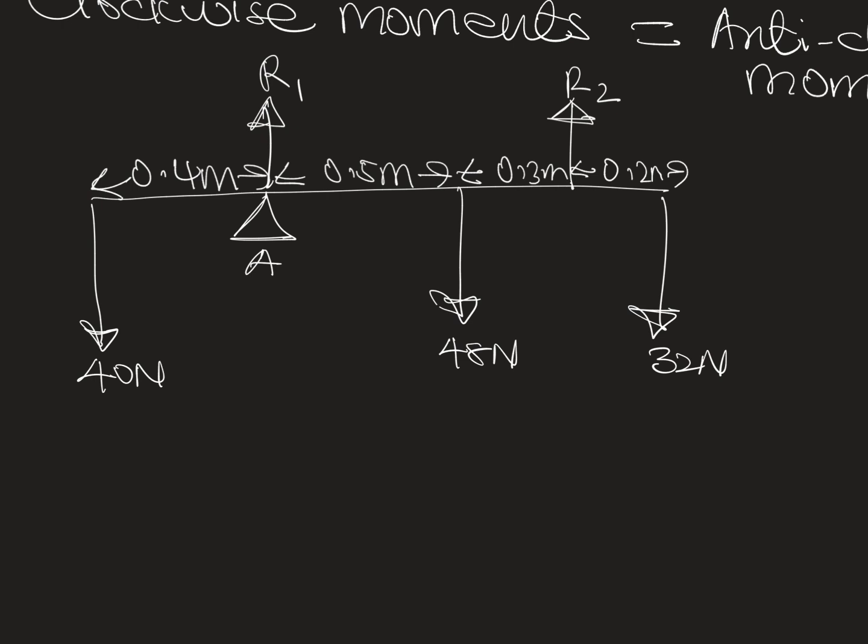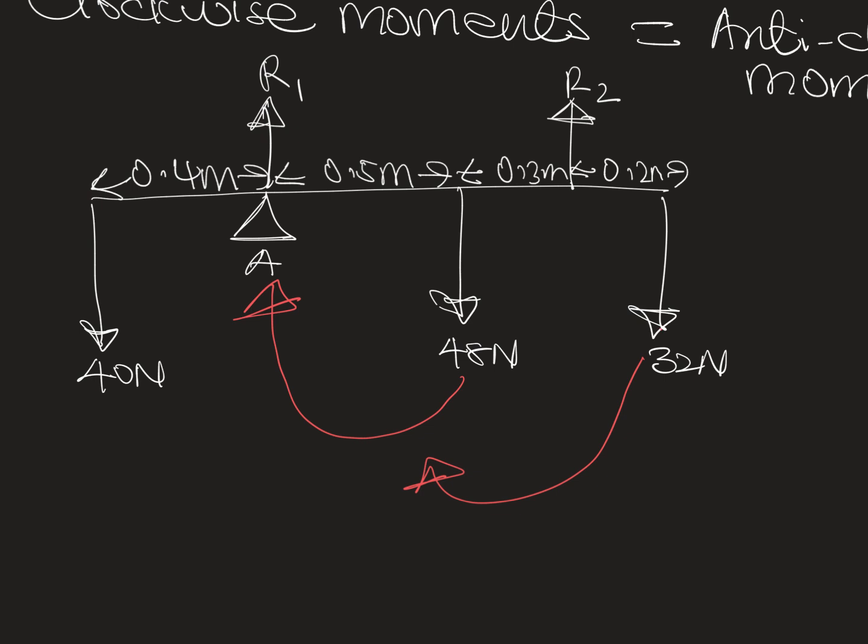Okay, so let me guide you and let's try to identify the clockwise moments and the anti-clockwise moments. All right, so to do that, if a force is acting downward, it will continue to act downward towards the pivot concerned. So this is a downward force, so this 32 Newton also is going towards the pivot.